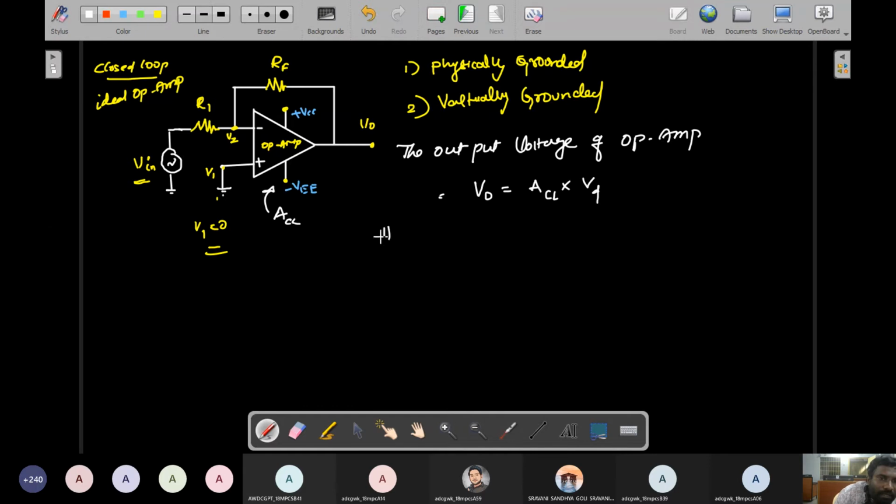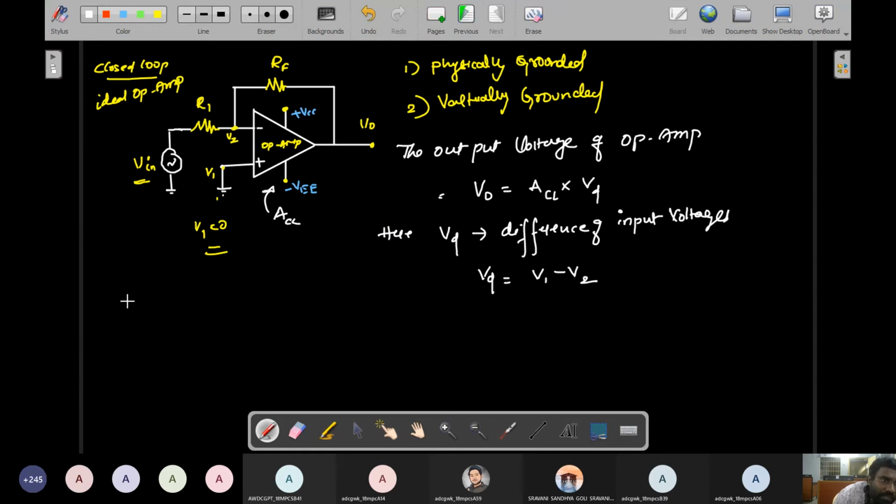VD is nothing but the difference of input voltages. The output voltage of the op-amp V0 is the gain times the input difference. What is VD here? VD is the difference of the potentials V1 and V2, so V1 minus V2.